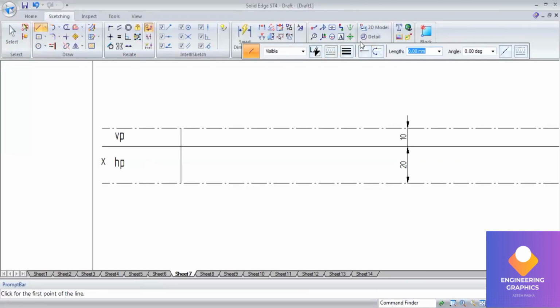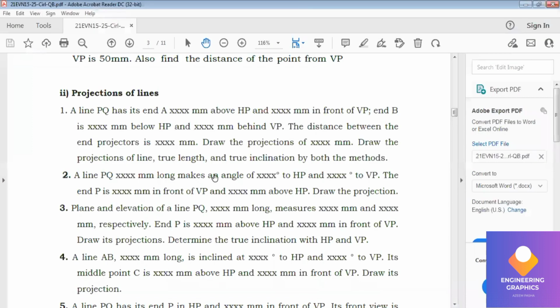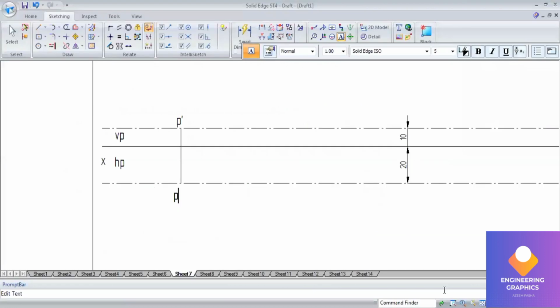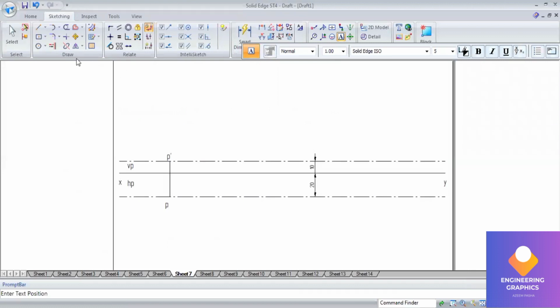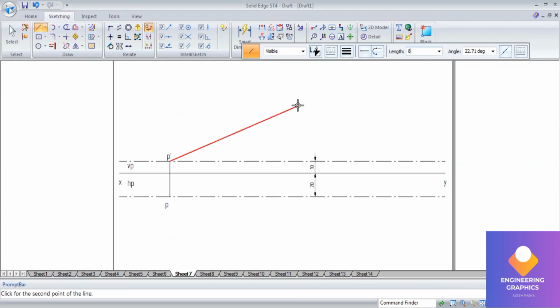So here line PQ means P dash and P I should mention. The angle of inclination I should mention. Here true length we should consider. So the length I will consider is 80 mm and angle of inclination to HP 30 degree.